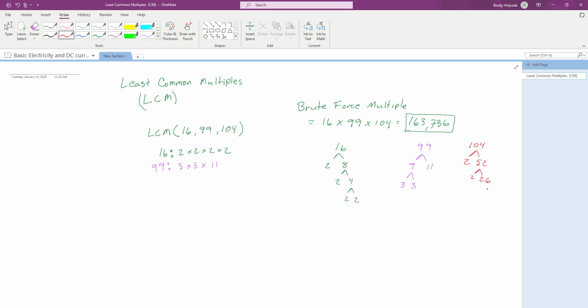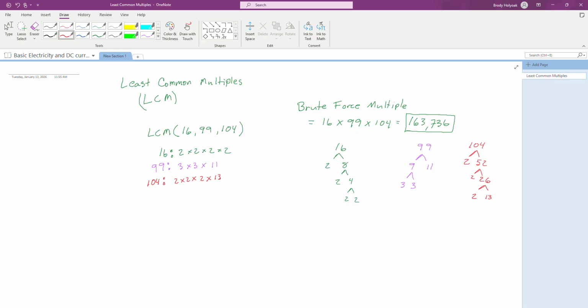And then 26 is even, so there's a 2, and that's going to break down to 13. Now 13 is a prime number. So the factors of 104 are 2 times 2 times 2 times 13.